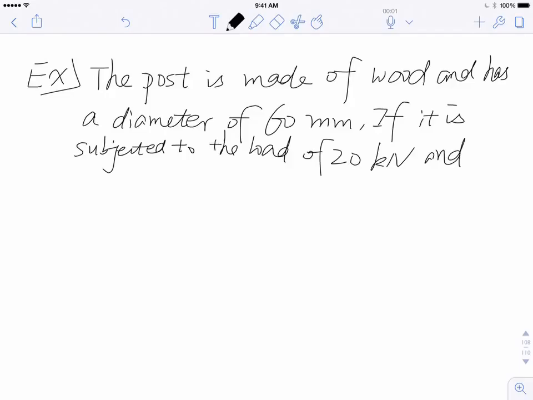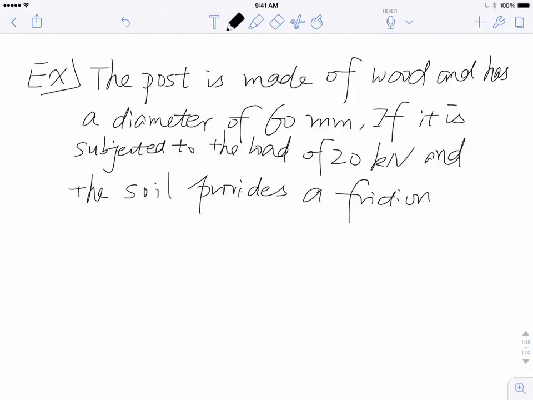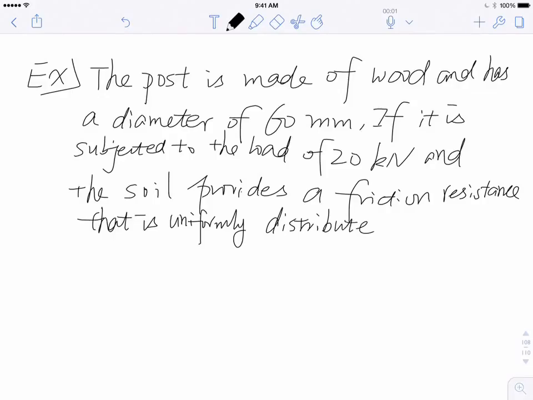And the soil provides a friction resistance that is uniformly distributed along its sides of w equal to 4 kilonewtons per meter.